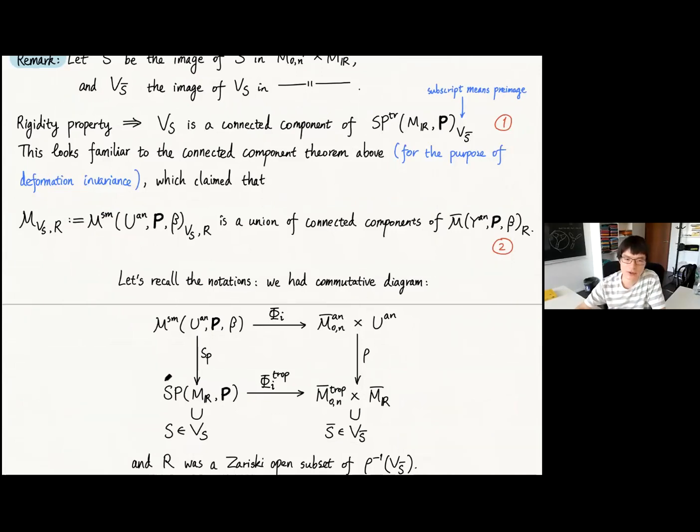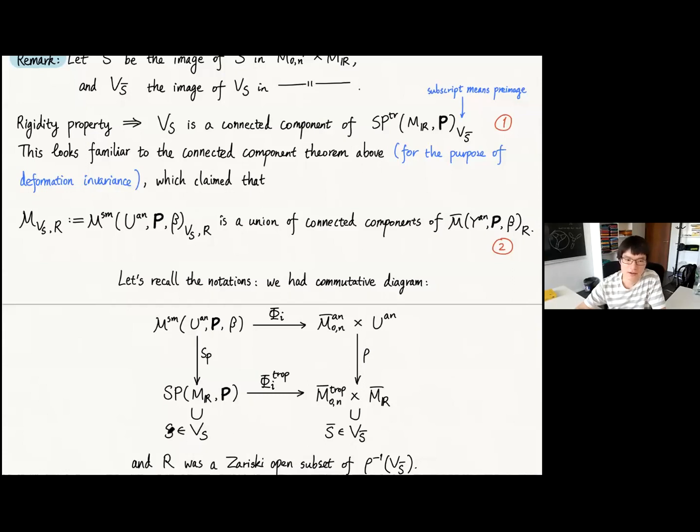We had the commutative diagram, with phi I from the moduli space M smooth taking the domain and evaluation at Pi. At the tropical level, we have phi I trop from the space of spines taking the domain and also evaluation at the ith marked point. We have two vertical maps. The left vertical map takes the associated spine, and the right vertical map is just the retraction map.